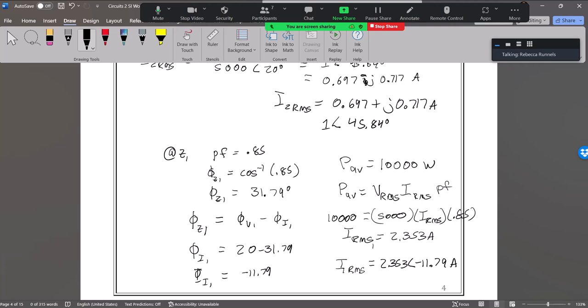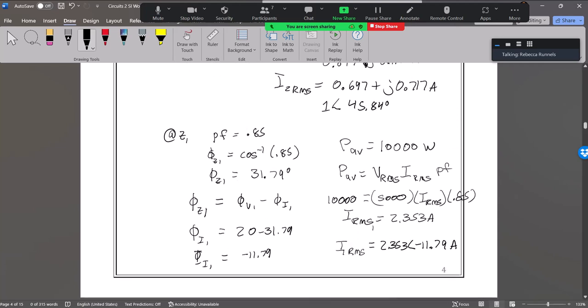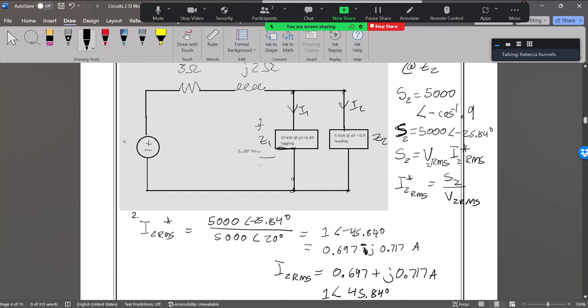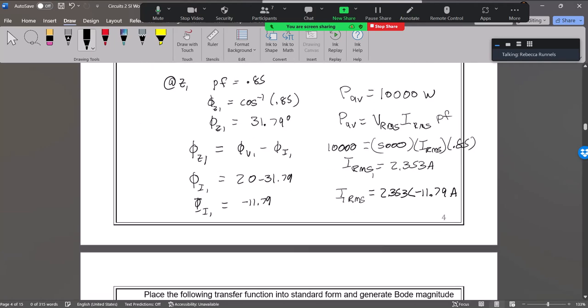So I just did those for Z1 and Z2 in a slightly different way, so you could see that. And then from that, I can just use old-fashioned KCL to get I source, the current through the source, which has to equal I1 plus I2.